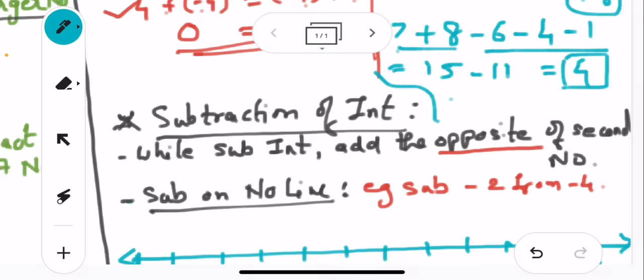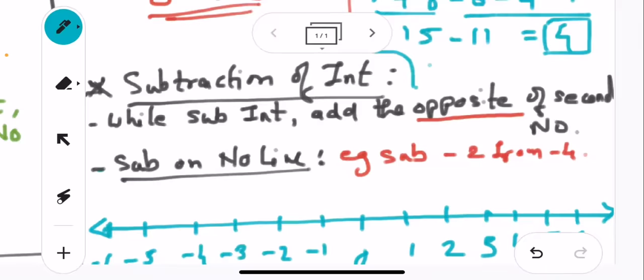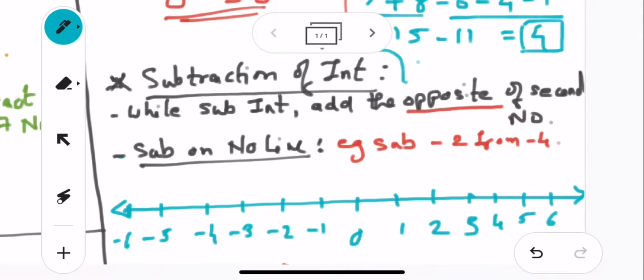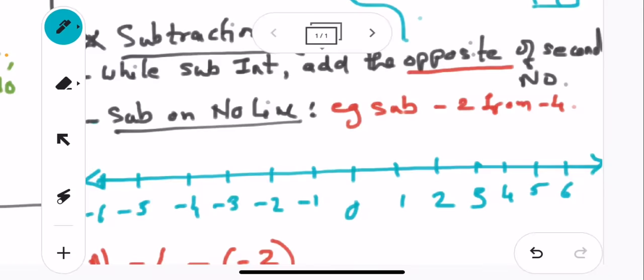Now when I explain the subtraction, I'll solve with an example which will make your understanding very easy. While subtracting integers, simply add the opposite of the second number. Now what does that mean? We will see here. First we will see subtraction on the number line.